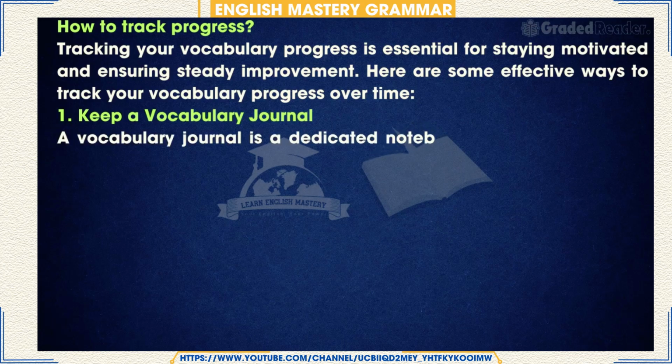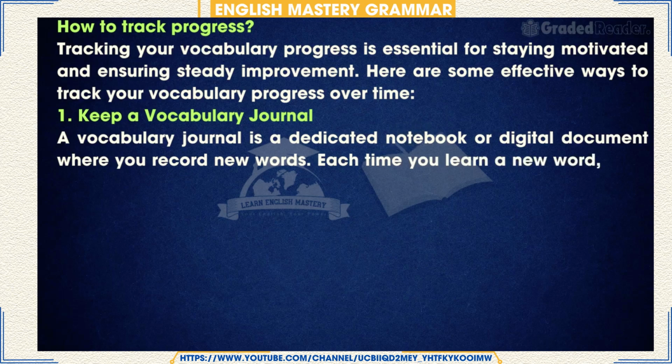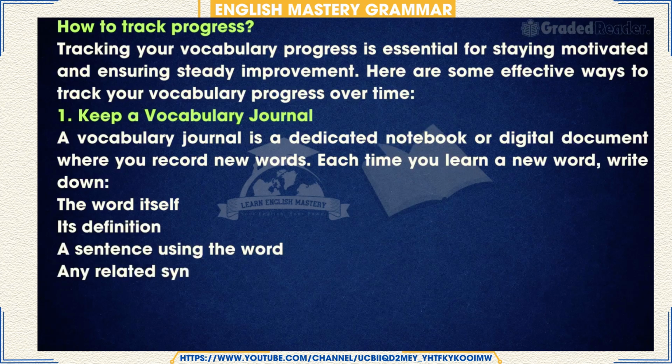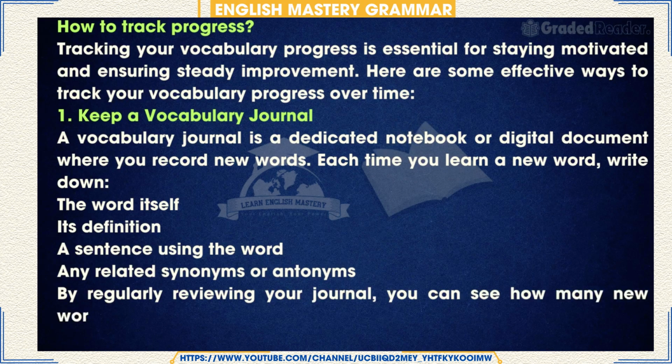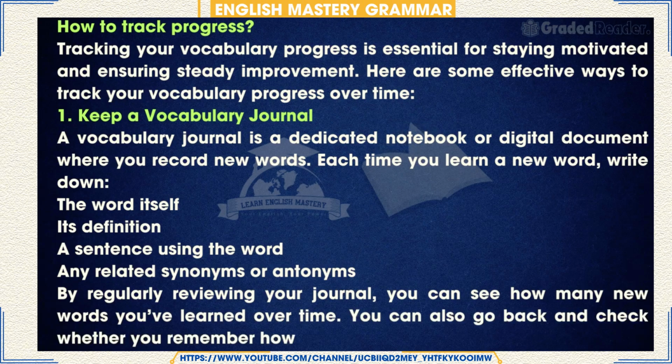How to track progress. Tracking your vocabulary progress is essential for staying motivated and ensuring steady improvement. Here are some effective ways to track your vocabulary progress over time. 1. Keep a vocabulary journal. A vocabulary journal is a dedicated notebook or digital document where you record new words.